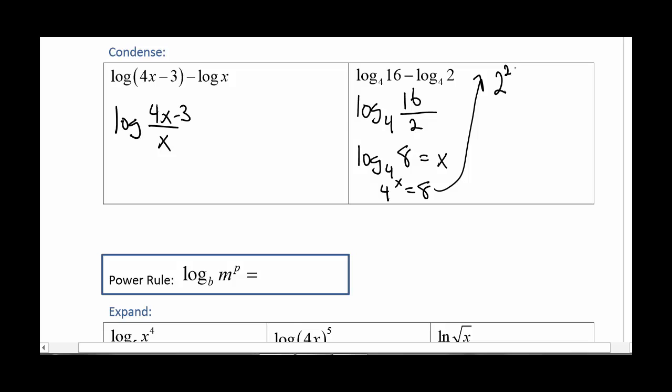So we get 2 squared raised to the x power equals 2 cubed. And again, another exponent rule is an exponent raised to an exponent means multiply. Okay, and so the only way that the left side would ever equal the right side is if those exponents match. And so we get x equals 3/2. So this entire expression actually simplifies down to 3/2.